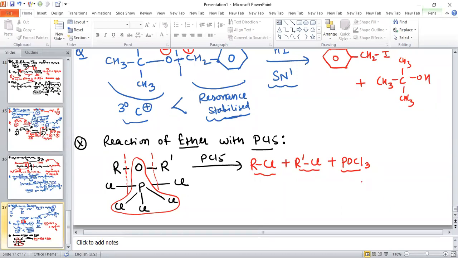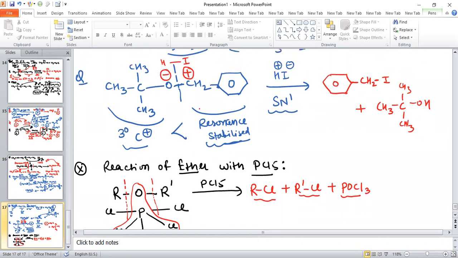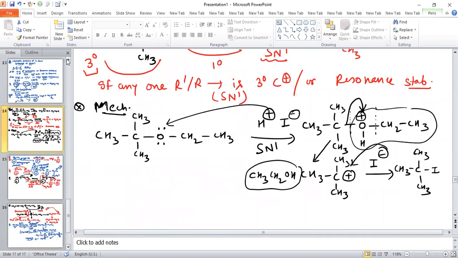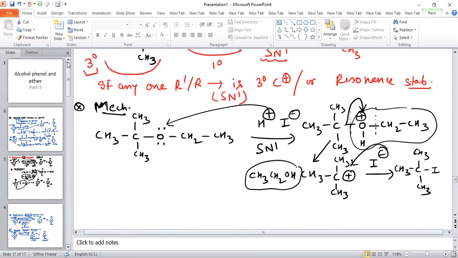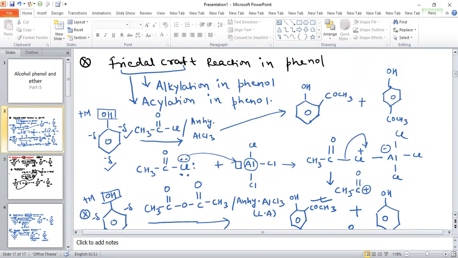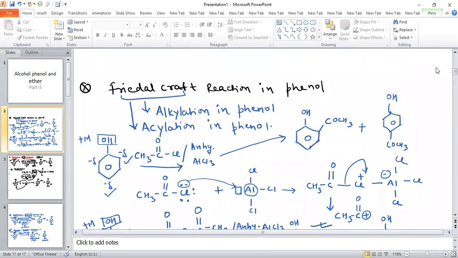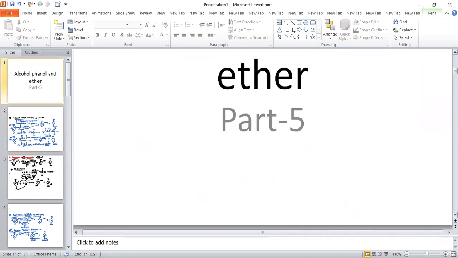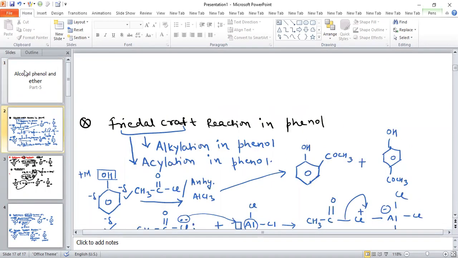So we will discuss it in another class. Now, which topics we have discussed, you can easily identify. We have first discussed alcohols, and we started the Friedel-Crafts reactions in phenol.